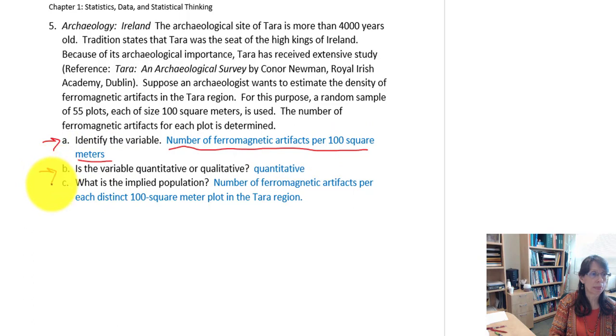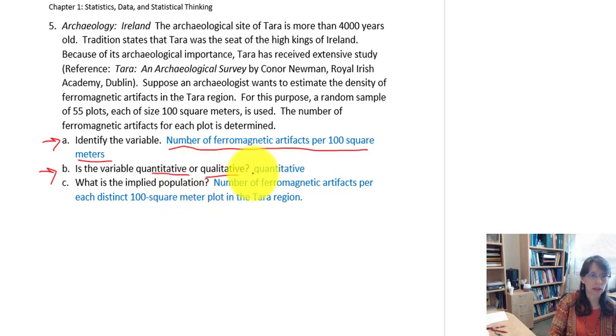In part B, is the variable quantitative or qualitative in nature? In other words, if it's quantitative, something can be measured. There is a numerical scale that could be used. Or is it qualitative, where numbers or a number scale could not be used? So looking back at the variable, it says specifically the number of ferromagnetic artifacts. That is something that could be counted and a numerical scale could be used.